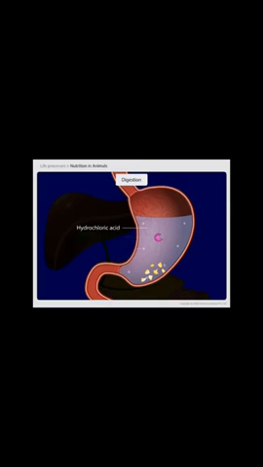Hydrochloric acid provides an acidic environment for the action of enzyme pepsin. The enzyme pepsin begins the digestion of proteins present in food to form smaller molecules. Thus, the protein digestion begins in the stomach.